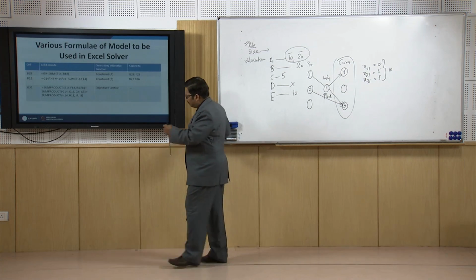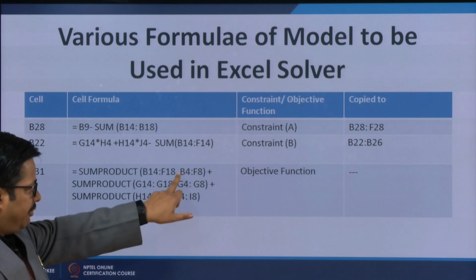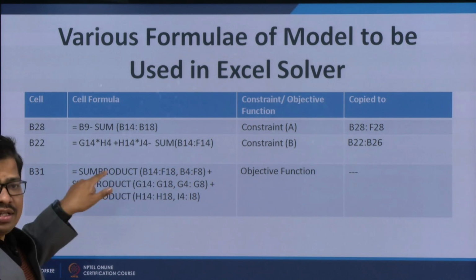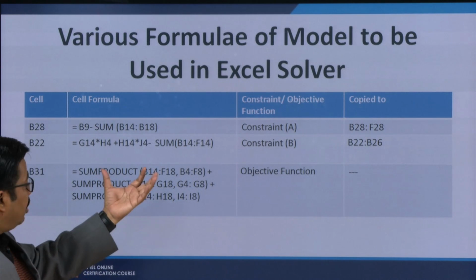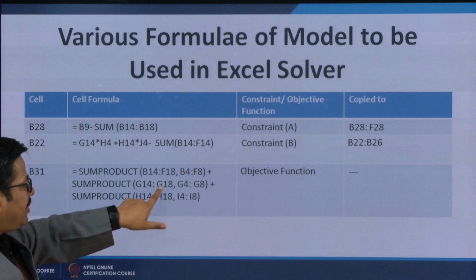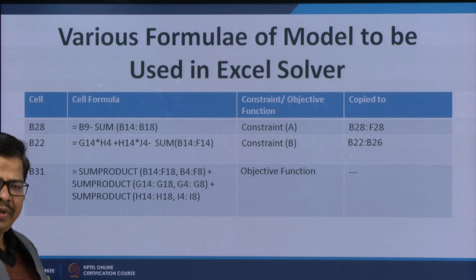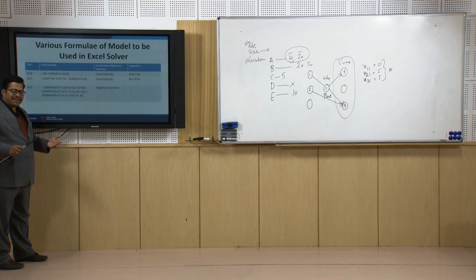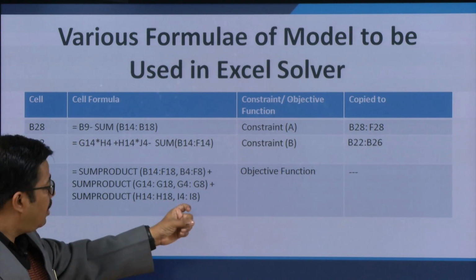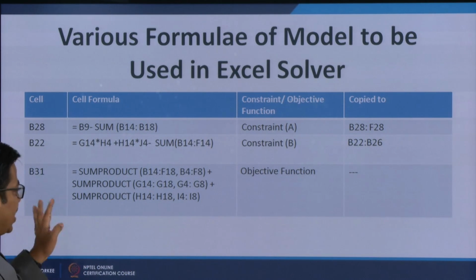So we have written that B14 to F18 is multiplied by B4 to F8. That is one sum product, for production and transportation cost. Then G14 to G18 will be multiplied by G4 to G8, that is the fixed cost of opening a low capacity plant, and H14 to H18 will be multiplied by I4 to I8, that is the fixed cost of opening a high capacity plant.